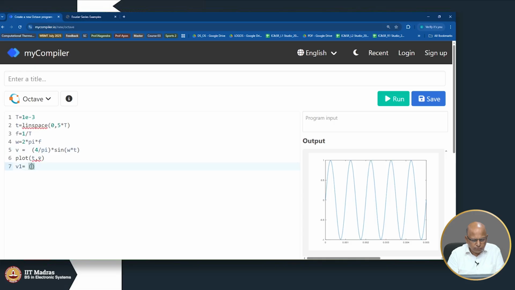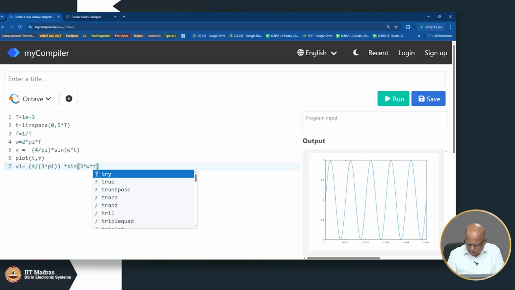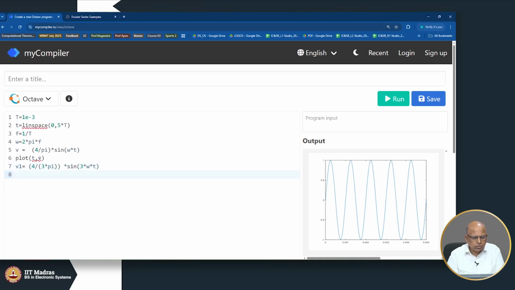V1 is 4 by 3 pi multiplied by sine of 3 omega t. You understand? So, and then we plot t and V1. Okay. So, we will do both.